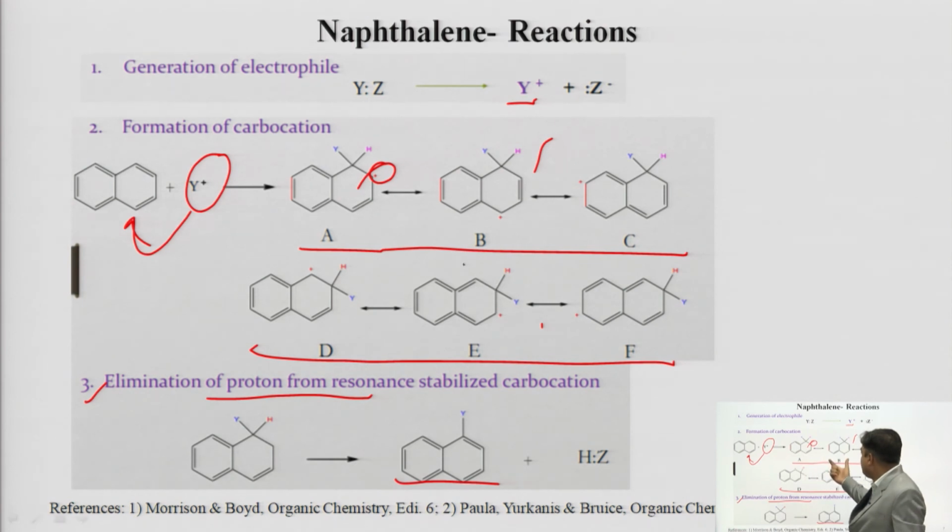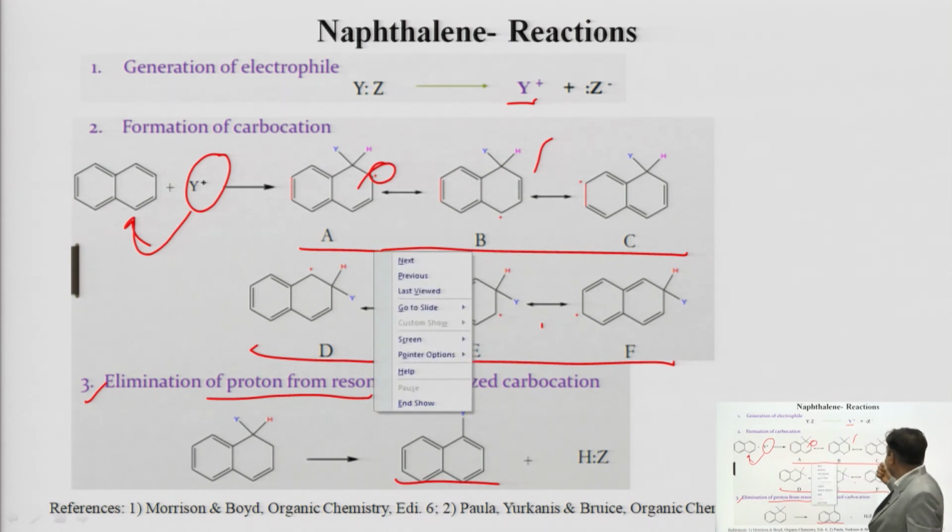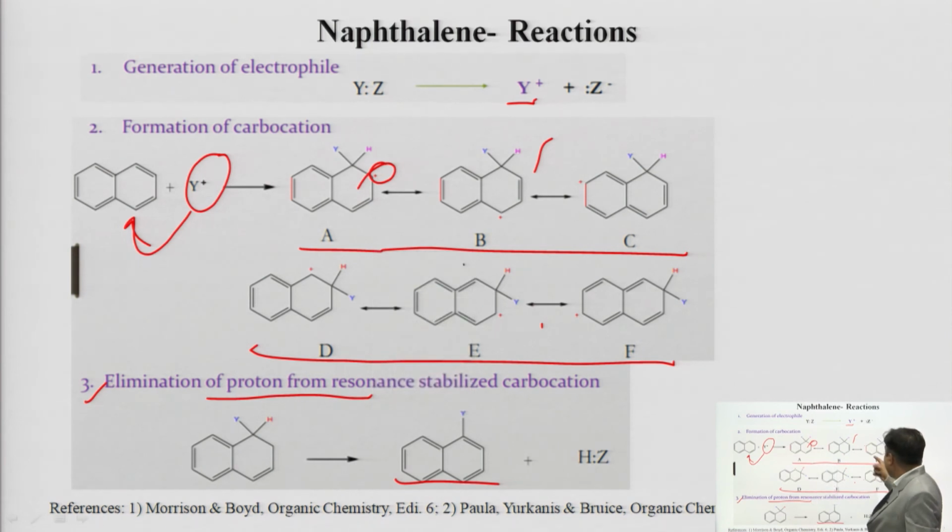So, we are getting the first resonating structure as B, we are getting C when this positive charge moves towards that carbon, then that positive charge will move towards this carbon and we are getting resonating structure D, and in the next stage this positive charge again goes to the same carbon like this. Okay. So, here 3 carbocation resonating structures, here also 3 resonating structures in case of beta attack.